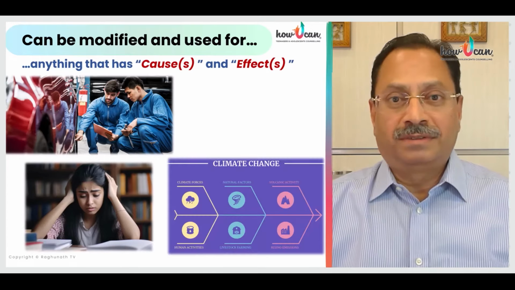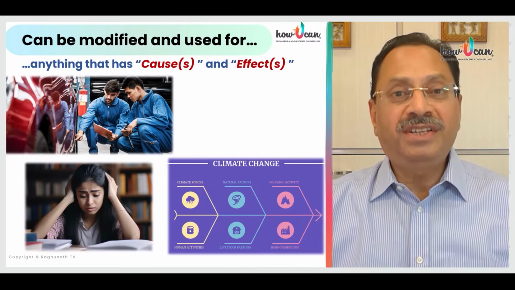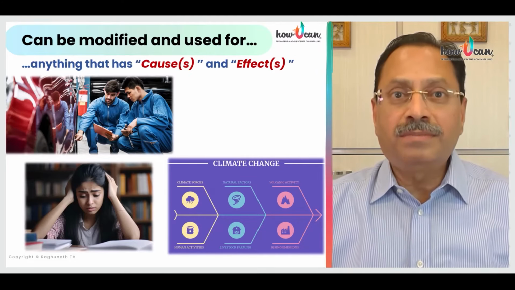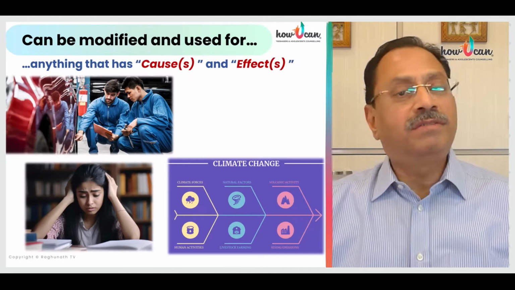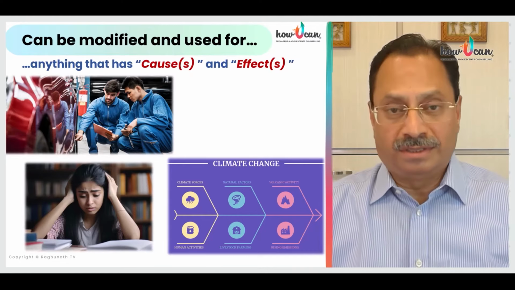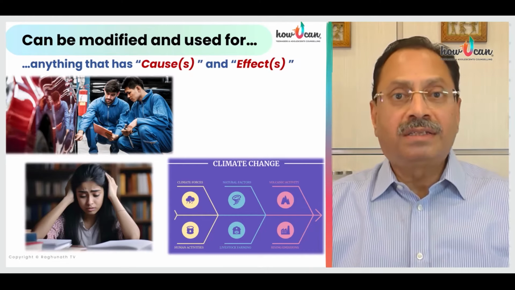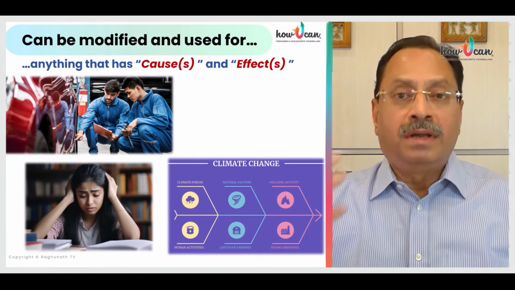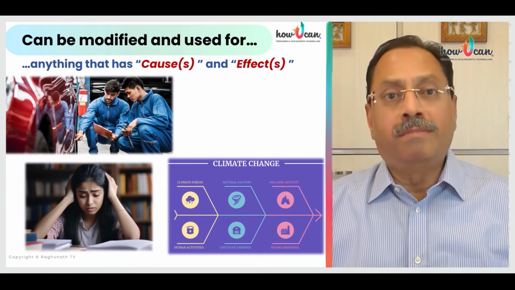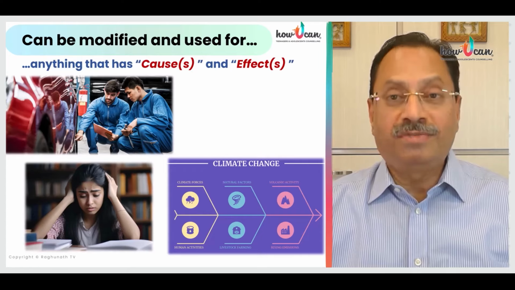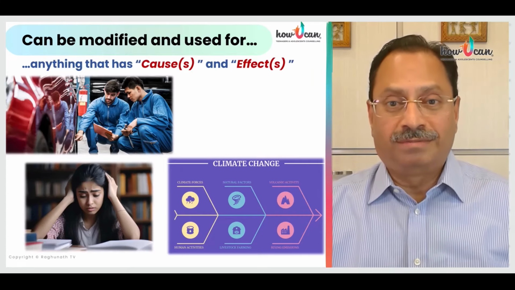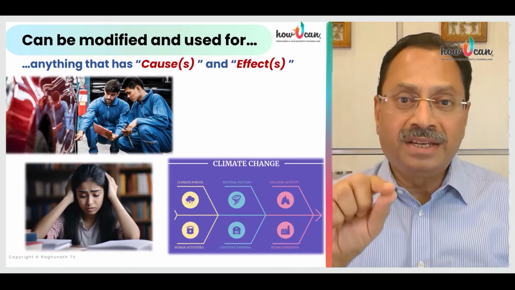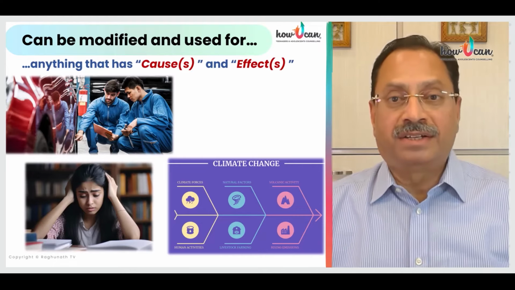Very famous example, climate change. We all know climate change comes around and arises because of multiple factors, multiple causes. We can sit down and analyze why does climate change happen, and which cause is creating more of the effect, and so on, so that you know which ones to put more money into and manage the final effect.